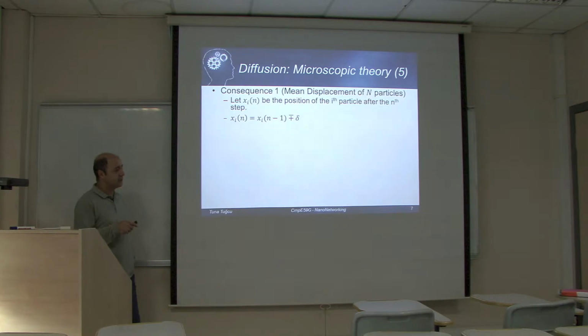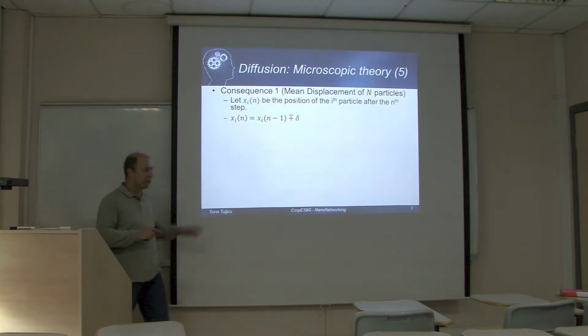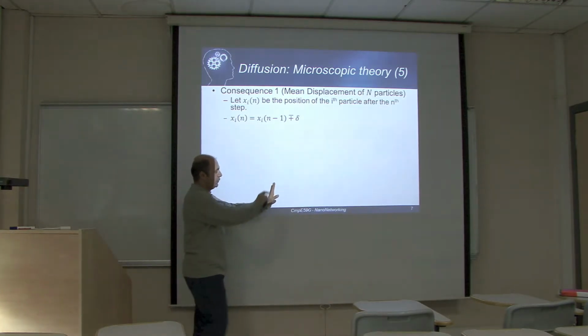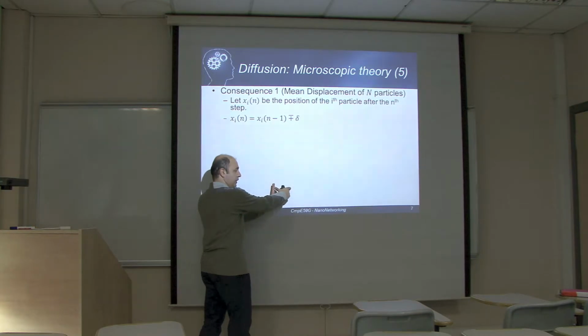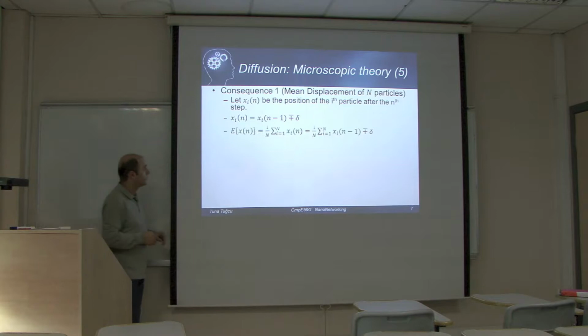The displacement of the ith molecule in the previous step, n minus 1, plus or minus a step of delta. I could be moving to the right, that would be plus delta, or I could be moving to the left. Once again, remember, we're moving on a line. We're talking about one dimension. So wherever I am, the next displacement would be either one step to the right, or one step to the left. That's what this is saying.